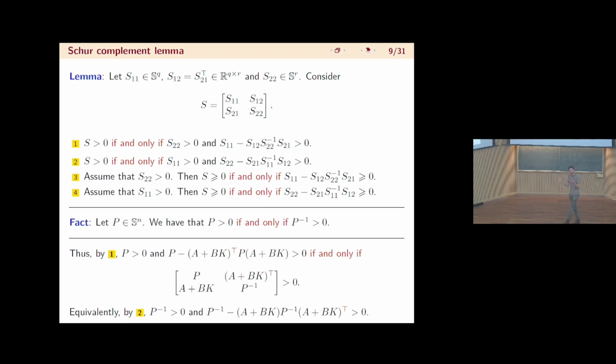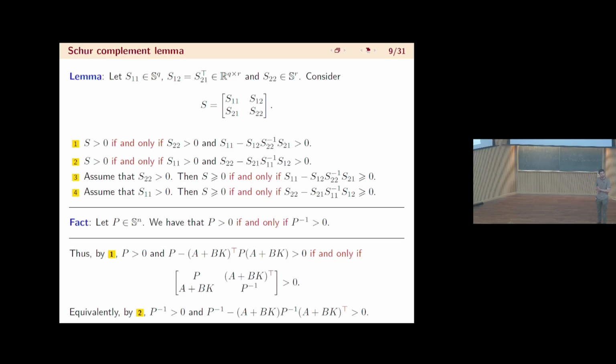And these statements are completely equivalent. So there exists a P which is positive definite and satisfies this Lyapunov inequality if and only if there exists a P inverse positive definite matrix satisfying this so-called dual Lyapunov inequality. So this is a dual Lyapunov inequality, again, because the transpose here appears on the right matrix, not on the left.